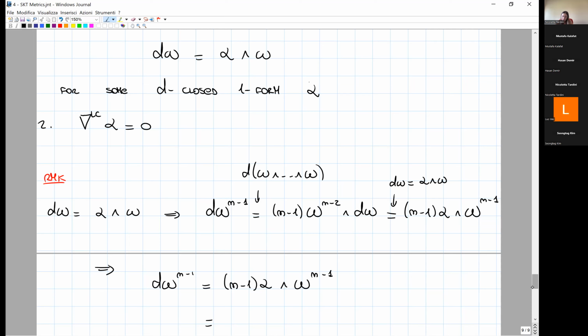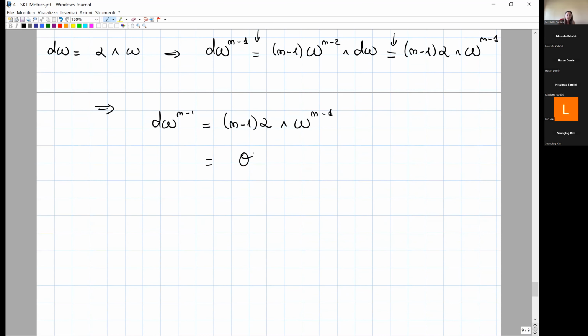And then in the first lecture, I called this form theta, with d omega^(n-1) equal to theta wedge omega^(n-1). This was the Lee form of the metric for me. So alpha and theta differ just by this (n-1) multiple. So in our notation, theta is equal to (n-1) alpha. And I called theta the Lee form, not alpha. But sometimes people call alpha the Lee form. The only important thing is just not to be confused on what your definition of Lee form is.